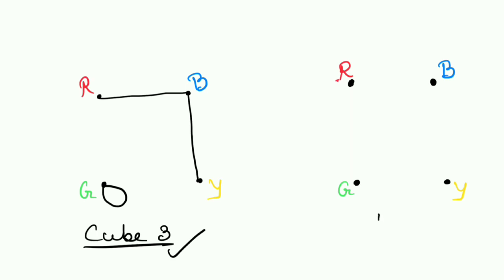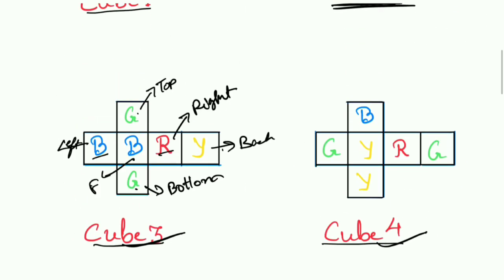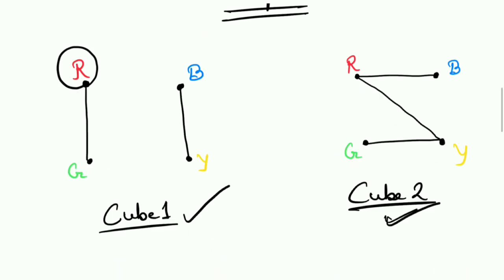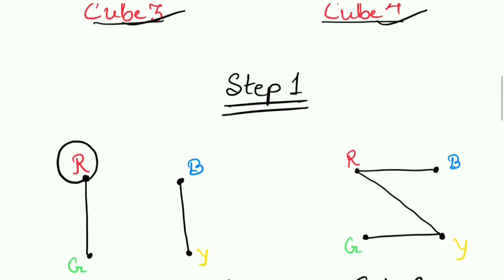Now cube 4. Similarly, cube 4, top and bottom. Top is blue, bottom is yellow. So BY, blue and yellow. Next, for cube 4, left and right are green and red.